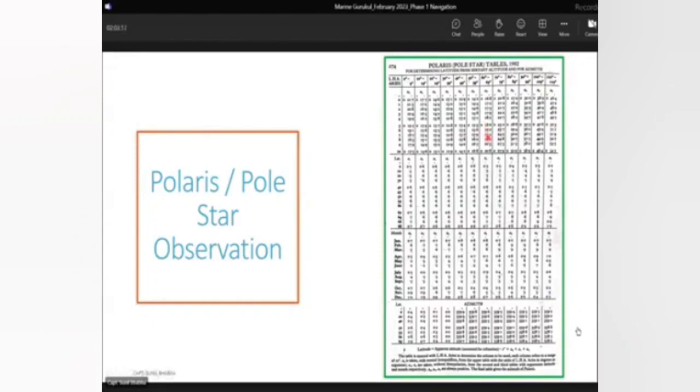So for 65 degrees 30 minutes, the value will be exactly midway between 18.6 and 19.0, and that would be 18.8 minutes. So this is how we refer to the table and obtain the A0 correction. Interpolation may be required if you have an LHA value between any two degrees.